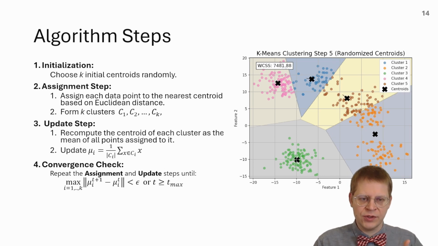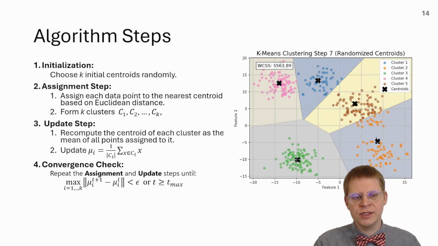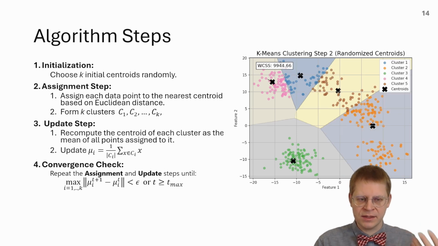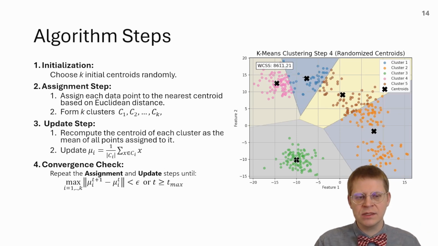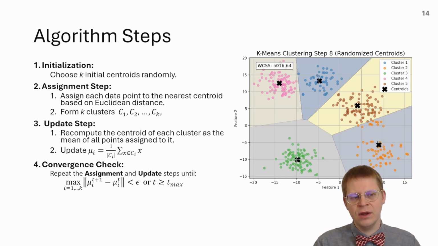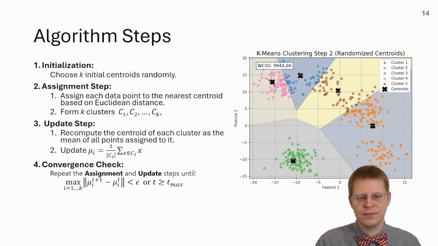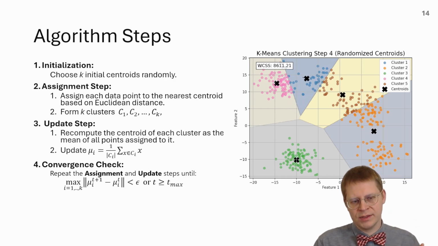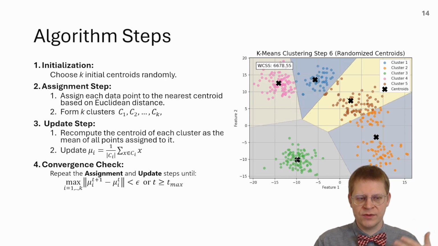And then the convergence check. The algorithm iterates between assigning points and updating centroids until convergence. This means either the centroids stop moving significantly or we hit a maximum number of iterations. On the plot, you can see how the algorithm works visually.